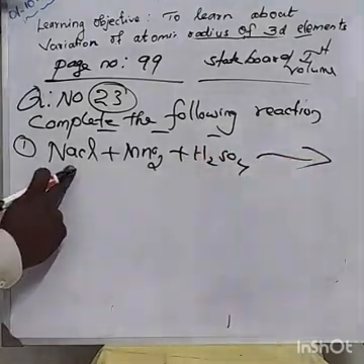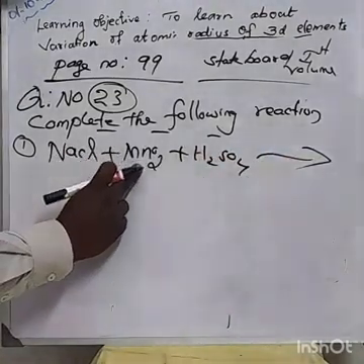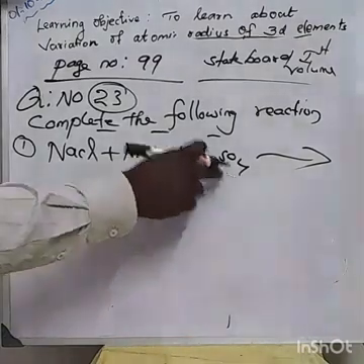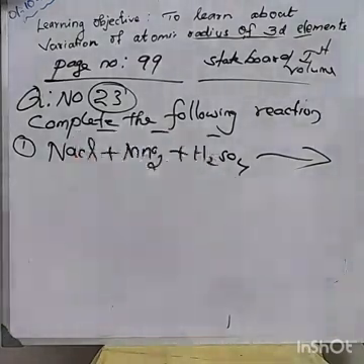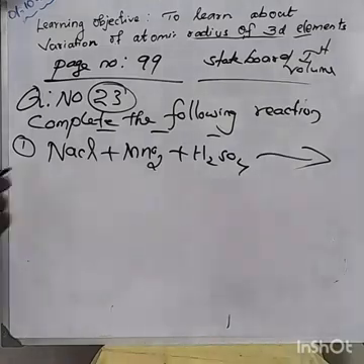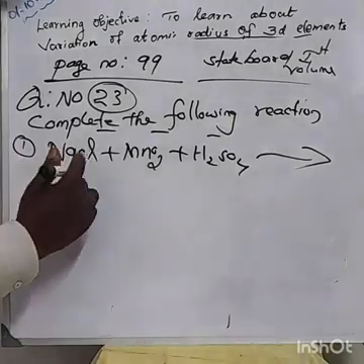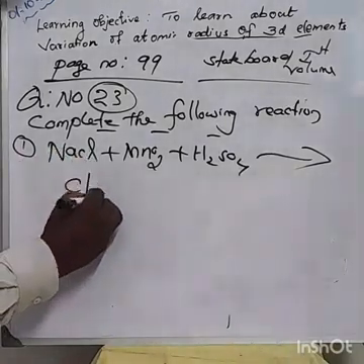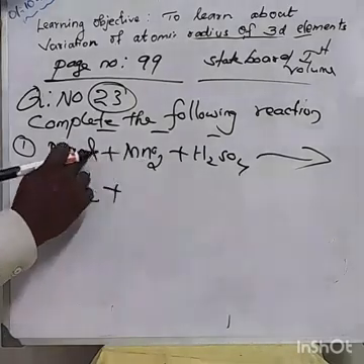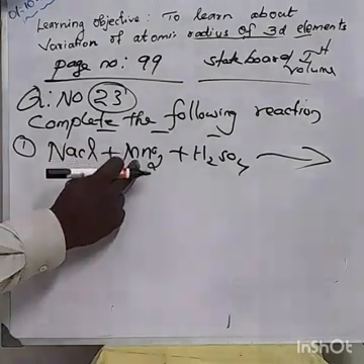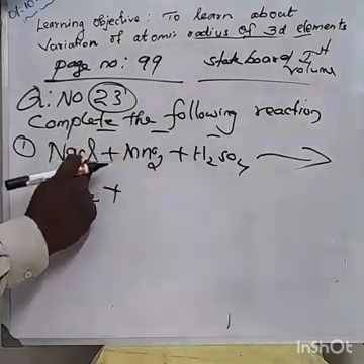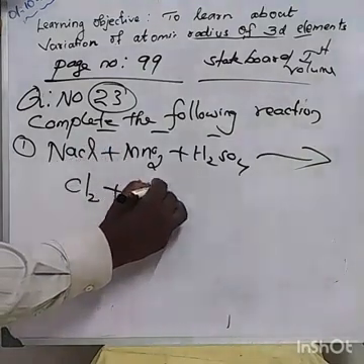Okay, sodium chloride reacts with manganese dioxide in the presence of sulfuric acid. The question is the preparation of chlorine. Here the chlorine is prepared, am I right? That is, we get Cl2, plus Mn combines with Cl2 to form MnCl2.